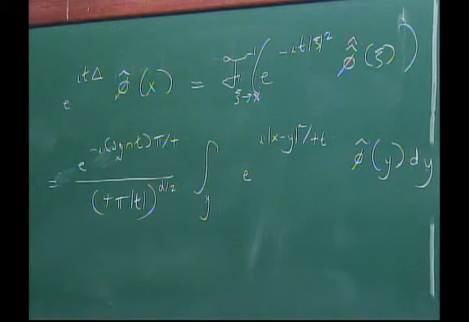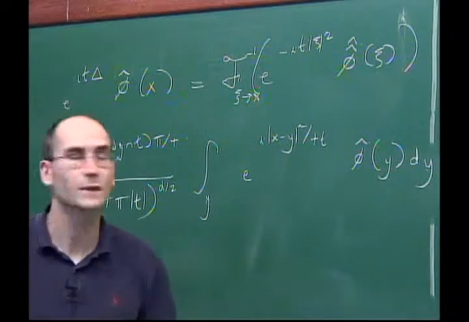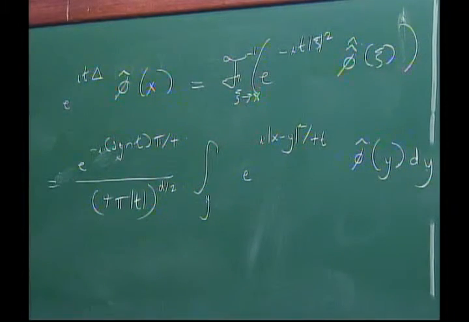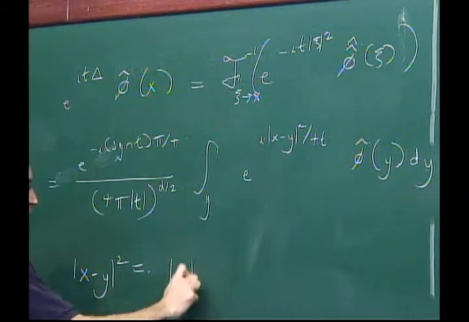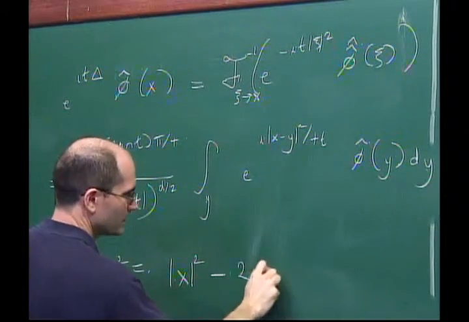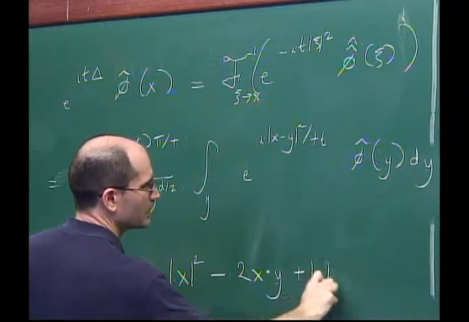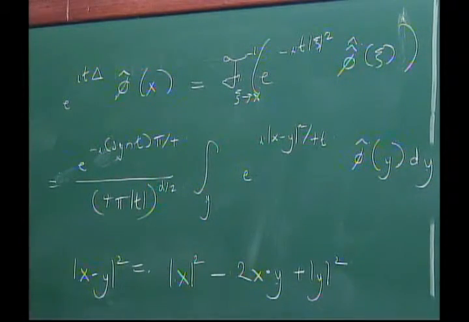So it's a convolution of this with phi hat, right? Then you take x minus y squared and expand it, and plug that in there.